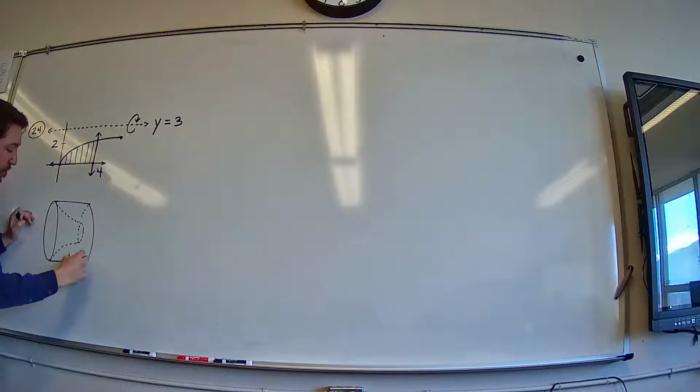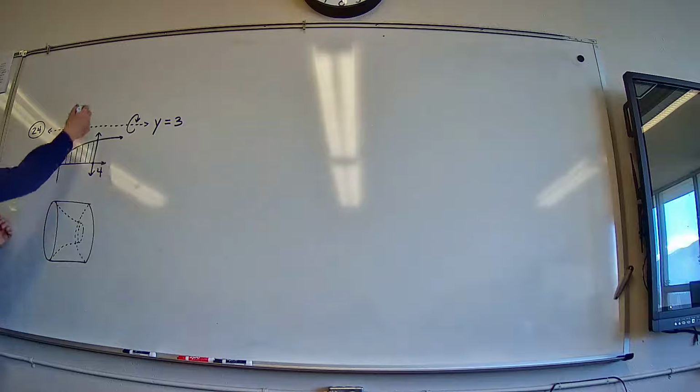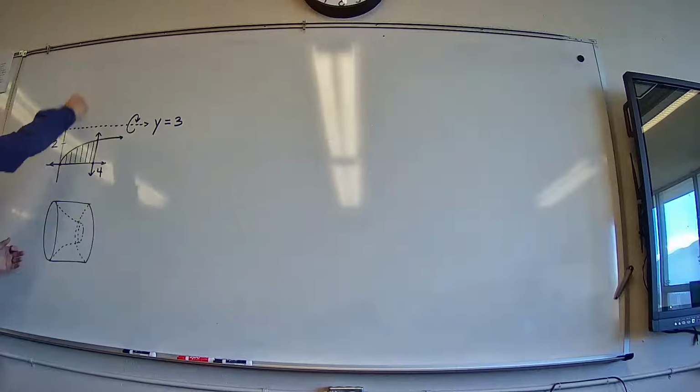I didn't draw a very good picture, but hopefully you get the idea. A wormhole or something. Okay, so what you're going to do is examine one of these washers. So let's slice it.